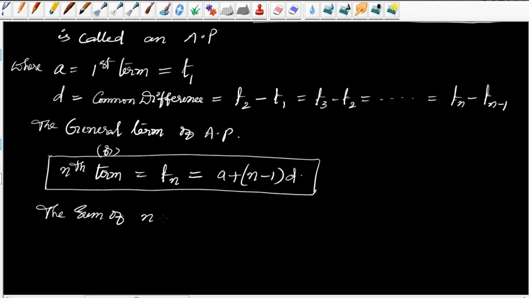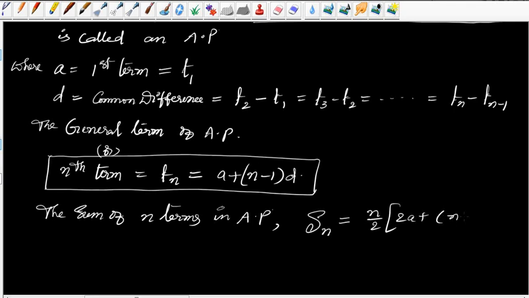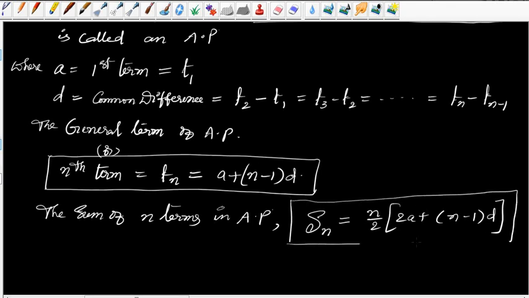Sum is denoted by S, so the sum of n terms is Sn. The formula is n by 2 into (2a plus (n minus 1) into D). This is the sum of the first n terms in the arithmetic progression. So these are the major formulas about arithmetic progression.